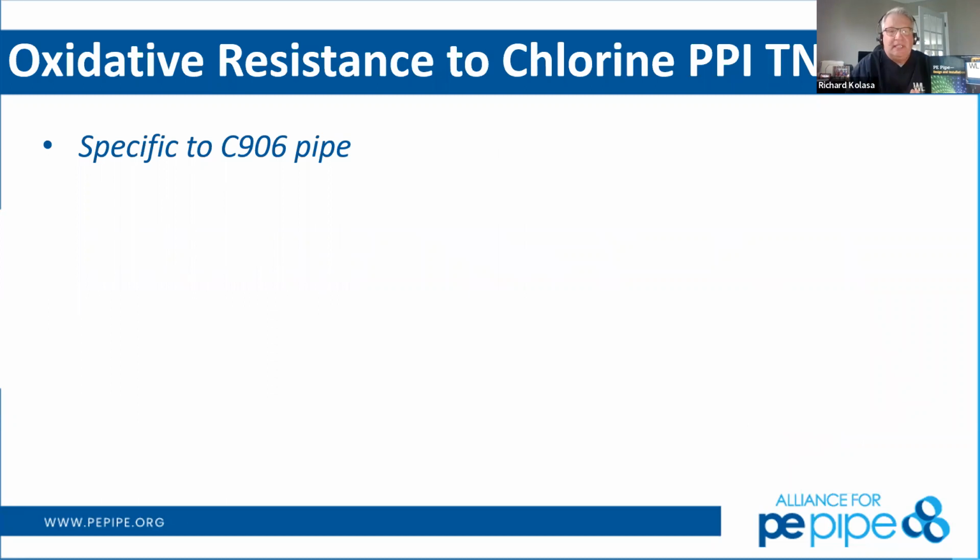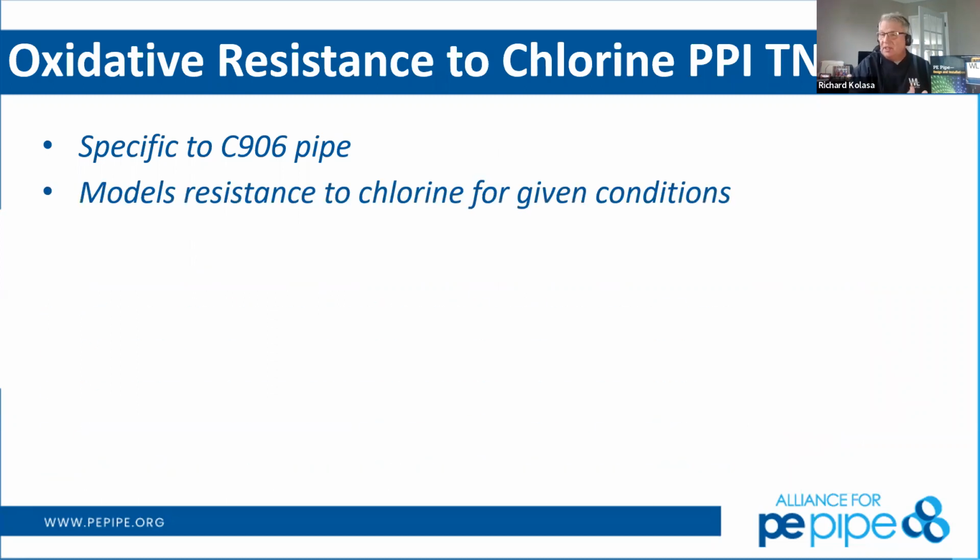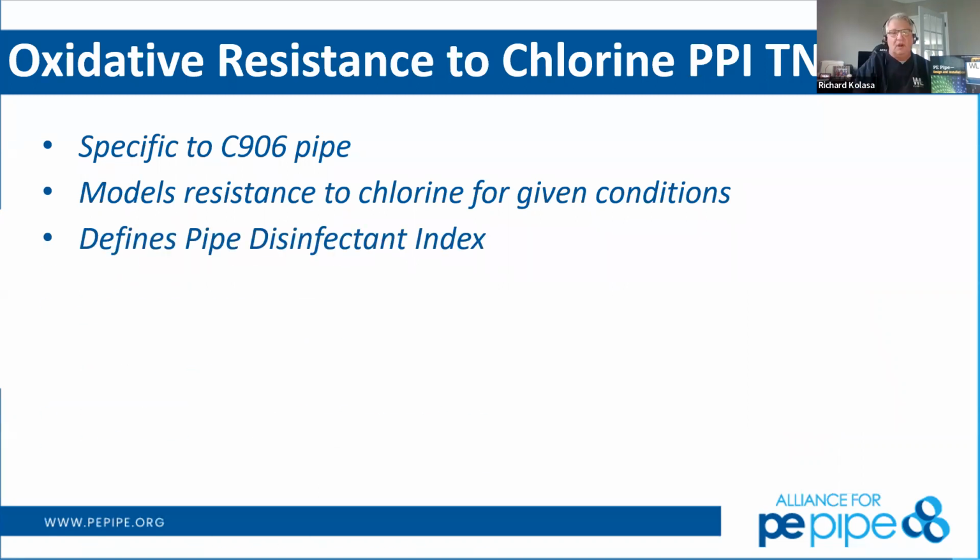So specific to C906 pipe, this is of course 4-inch to 65-inch, which is the AWWA standard for how we look at these models of resistant chlorine and for given conditions.